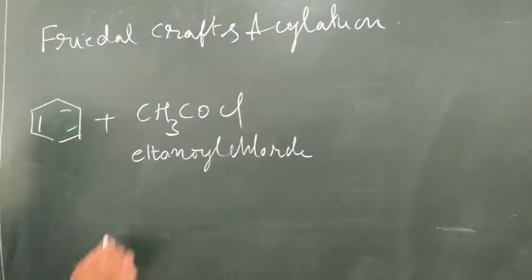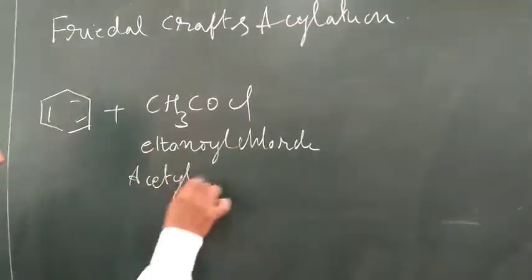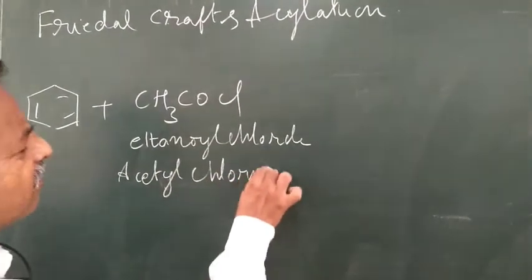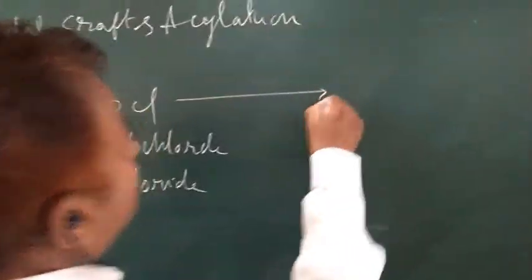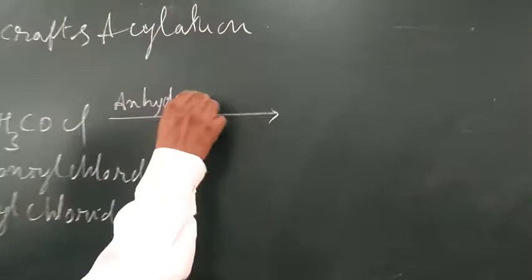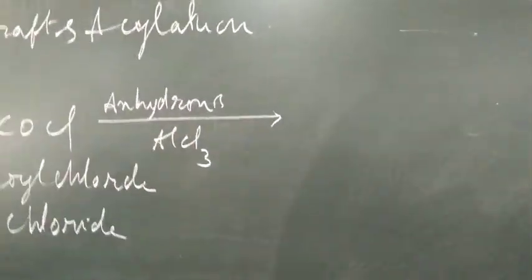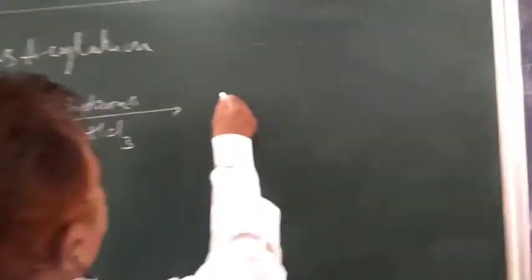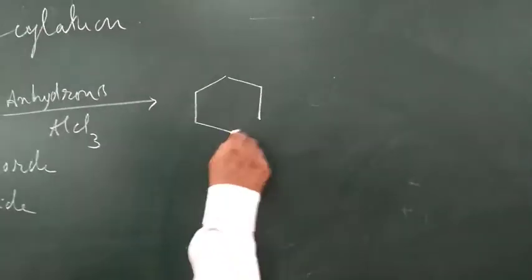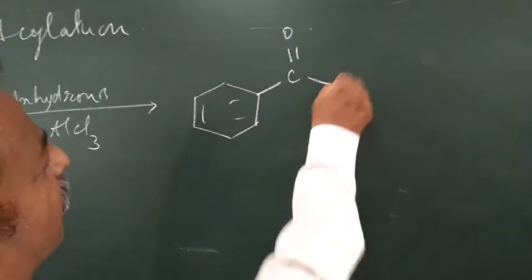IUPAC name is ethanoyl chloride, or commonly it is known as acetyl chloride, in the presence of anhydrous aluminum chloride. So what do we get here? This is benzene ring, C double bond O, single bond CH3.